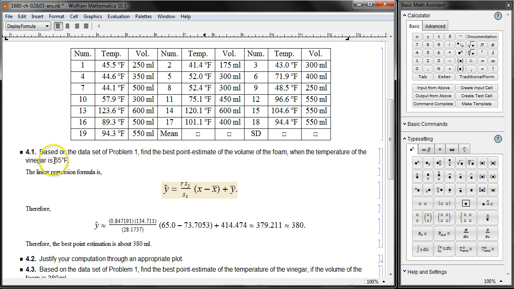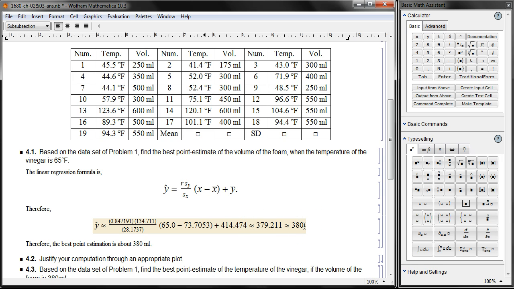This problem is asking you to find the best point estimate of the y value when x is 65, so the x value is 65. All the other things are the means, standard deviations, and correlation coefficient. Put those in, do the computation, and you get 380. By the way, if you stop here at 379.2 something, I'm not going to take off any point.